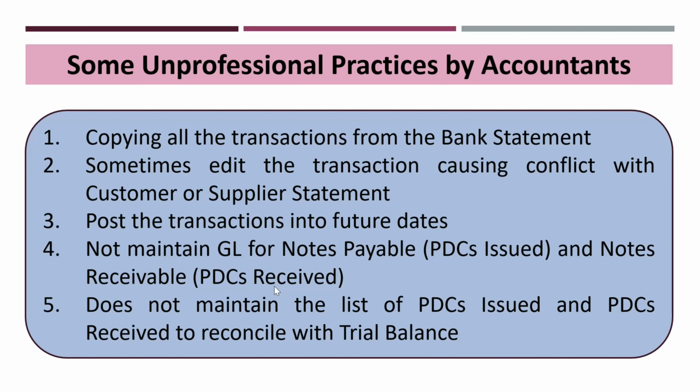Okay, from customer A I have 100,000, from customer B I have 55,000, from customer C I have 65,000. So like this you should have a complete list of PDCs with the check number and the maturity date, to reconcile this with your notes payable and notes receivable ledger.